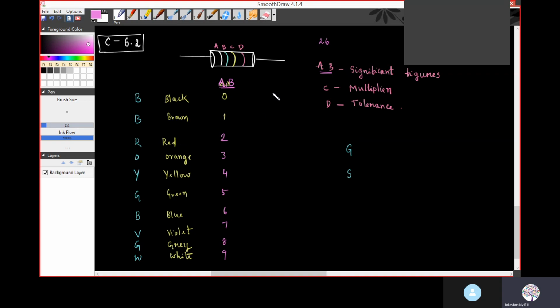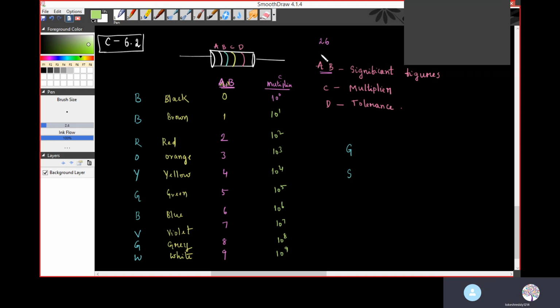Red, blue, and then yellow. Yellow is the multiplier. The multiplier values are 10 power 0, 10 power 1, 10 power 2, 10 power 3, 10 power 4, 10 power 5, 10 power 6, 10 power 7, 10 power 8, and 10 power 9.